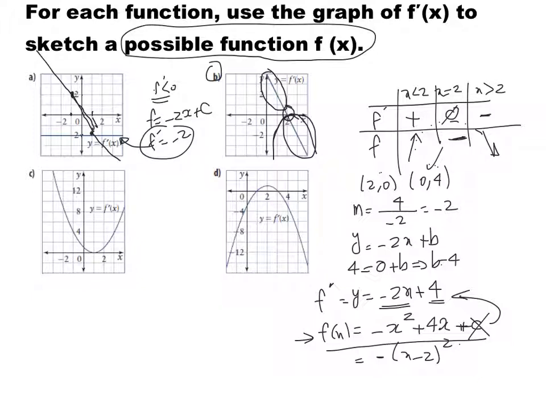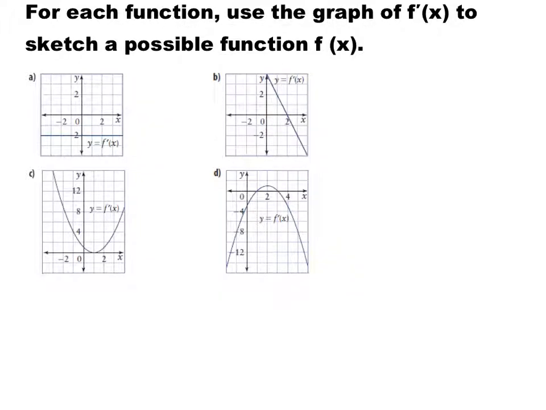And this one represents a parabola which opens downward, and the vertex is at 2 and 0, exactly what we have here. Now this means that I can move the parabola upward or downward by changing the value of c here. And still that parabola is going to be represented, the first derivative, by this line. That's why the question says a possible function for f of x.